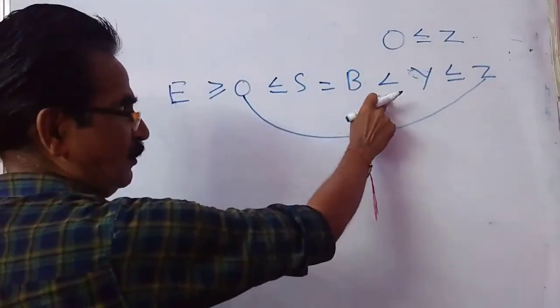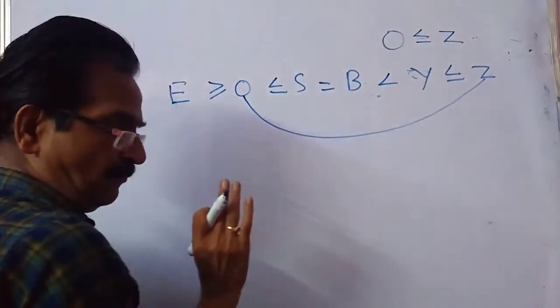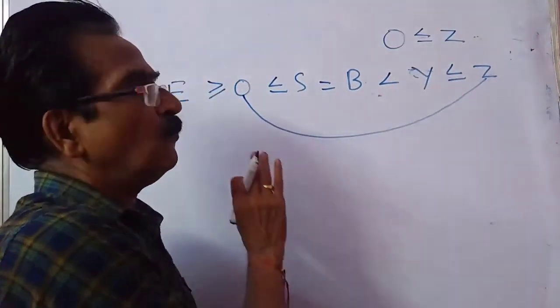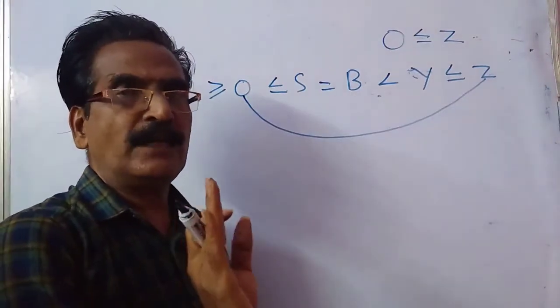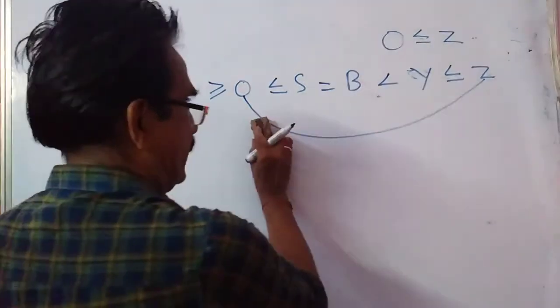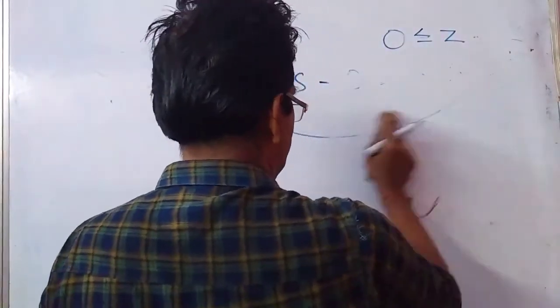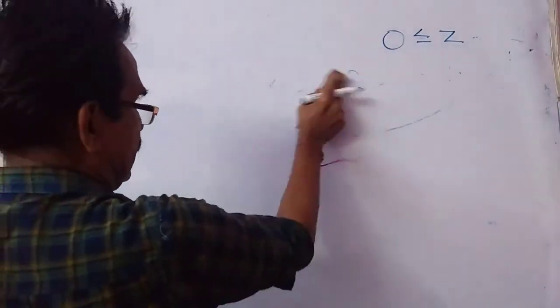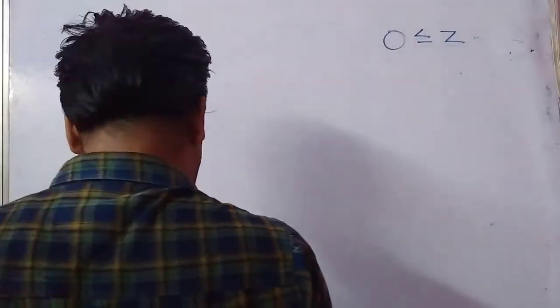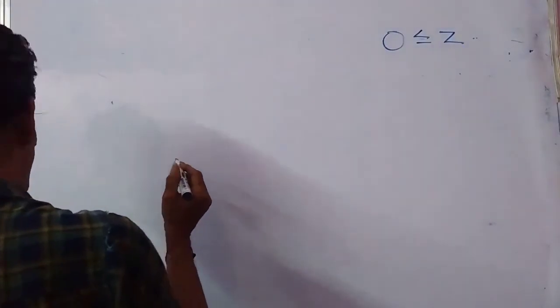So from the first option, you can conclude only O less than Z. What we want is O less than or equal to Z. So the first option is not correct.